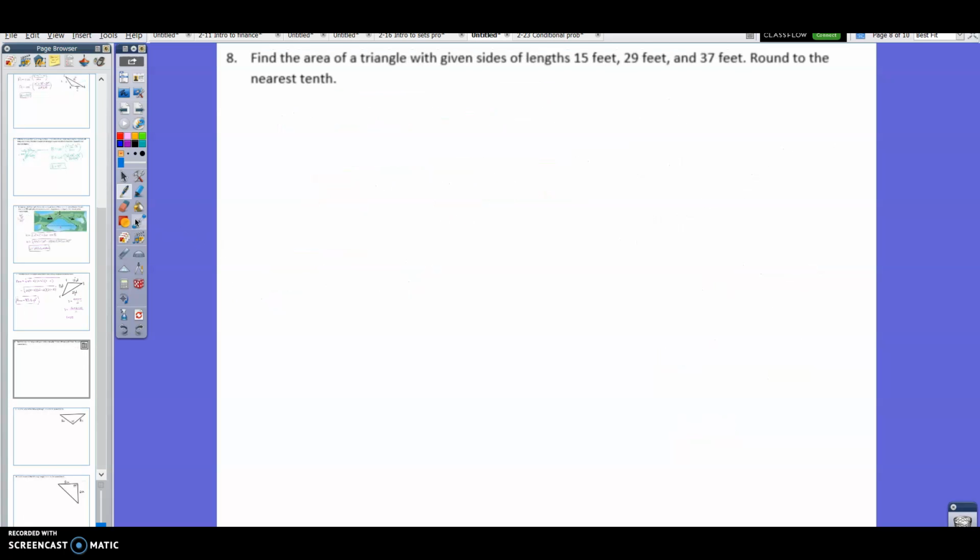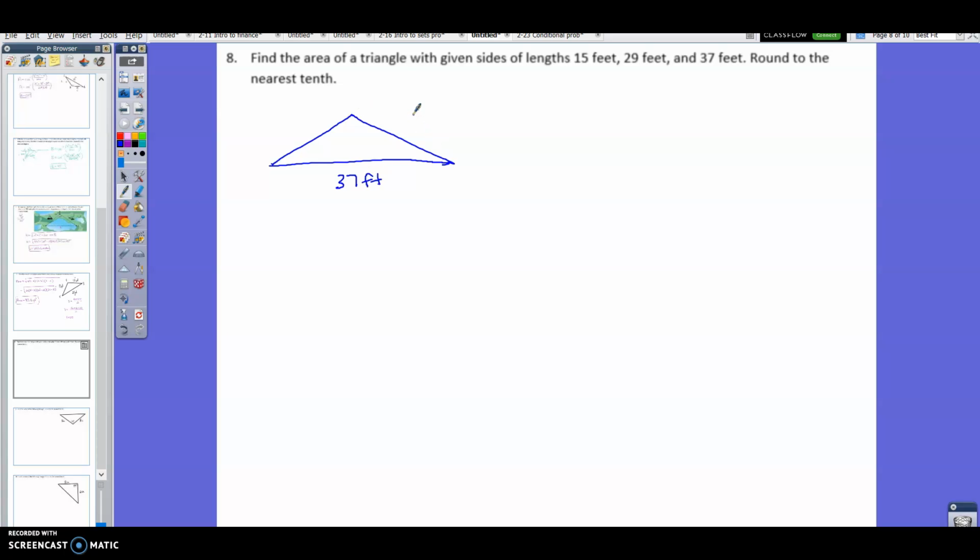Okay, number 8. It says find the area of the triangle with the given sides of 15 feet, 29 feet, and 37 feet, and round to the nearest tenth. So this one, you can draw a triangle. Let's see, this is the longest side, so we'll say this is 37 feet.